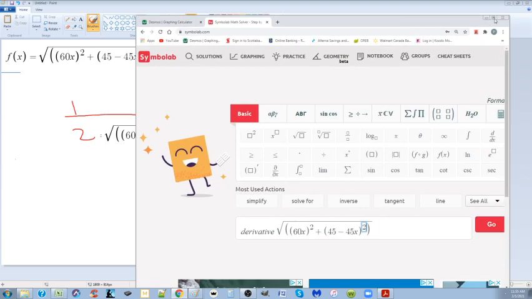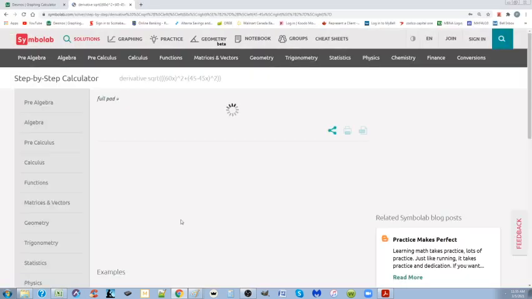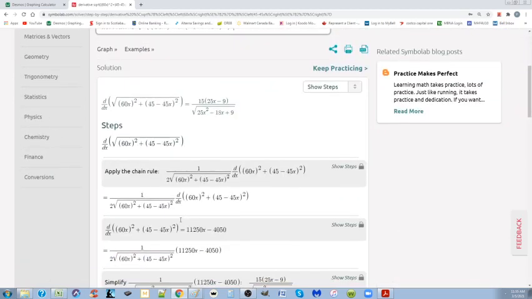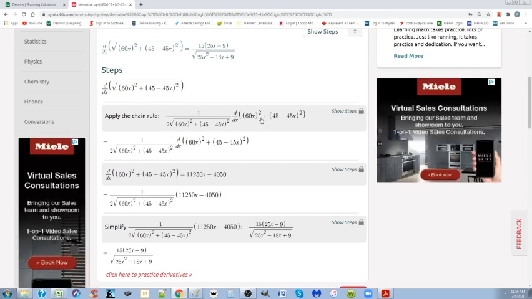Okay. Let's see what I got wrong. Got this right. Oh, I got a multiplication wrong here. It's 11,240x minus 4050.